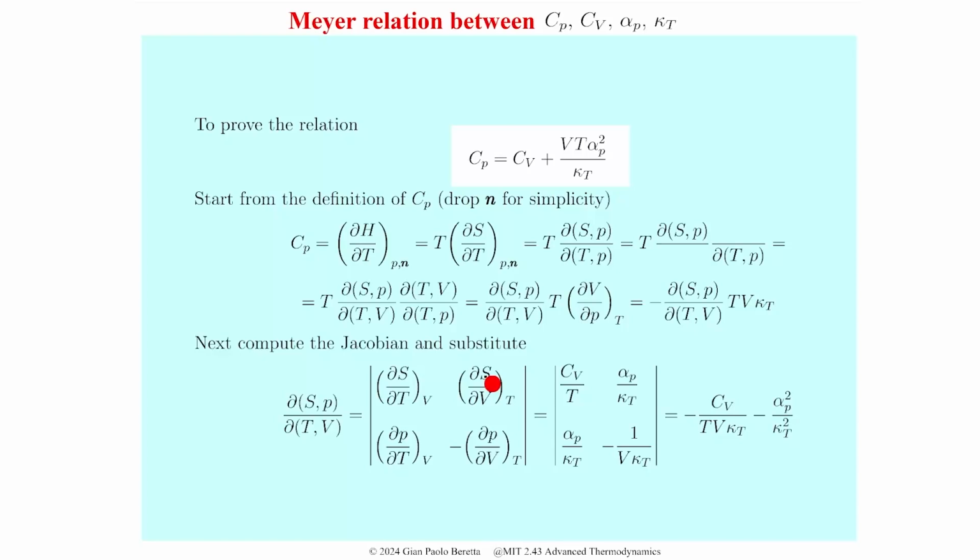There is another interesting relation that you can prove not so easily, but relatively straightforward by using the Jacobians. It's the Mayer relation, which relates Cp, Cv, alpha P, and kappa T. And of course, temperature and volume.